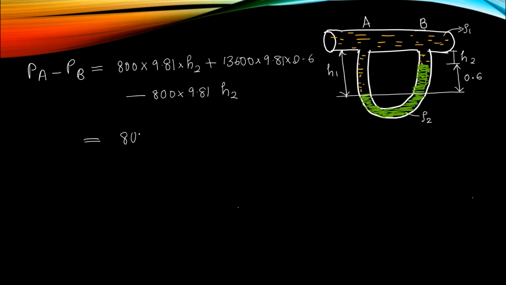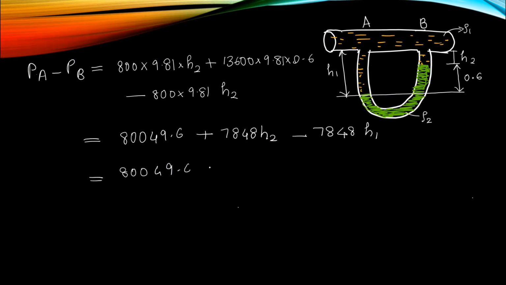So 80049.6 plus 800 into 9.81, which is 7848 H2, minus 7848 H1. So 80049.6 plus 7848 into (H2 minus H1).